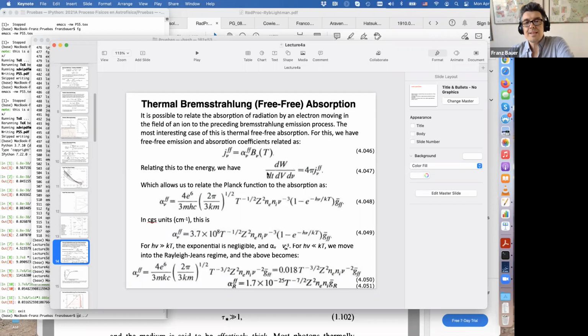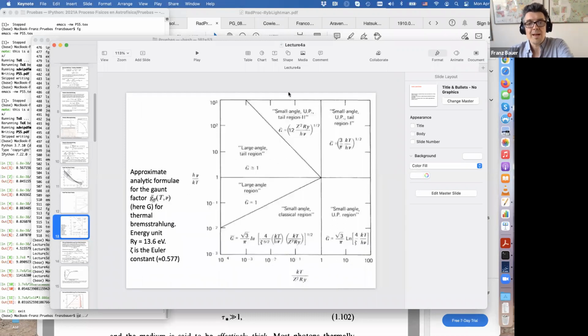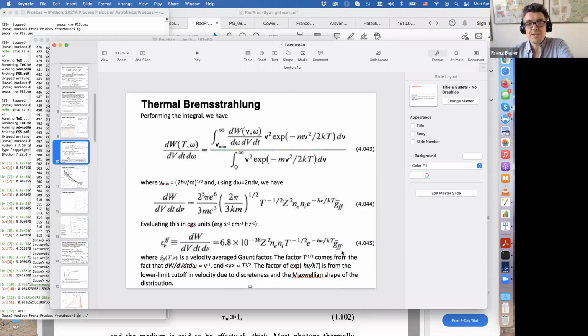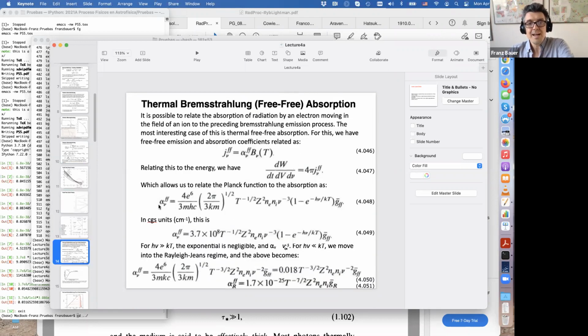Again, we can relate this. The emissivity, this J value, is just the integral over 4 pi of our emissivity. We have our emissivity here, so we can just plug that in, and this allows us to derive an absorption coefficient, which looks very similar, obviously, because it's just related, but we have this extra factor here, which is related to the Planck function.